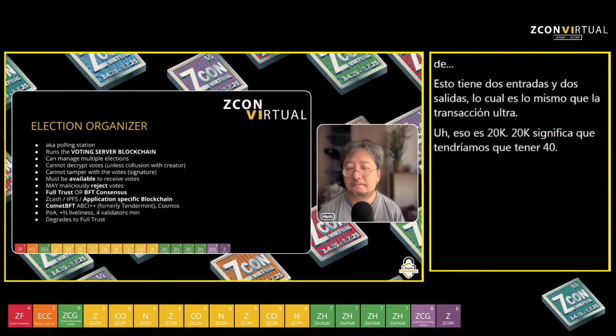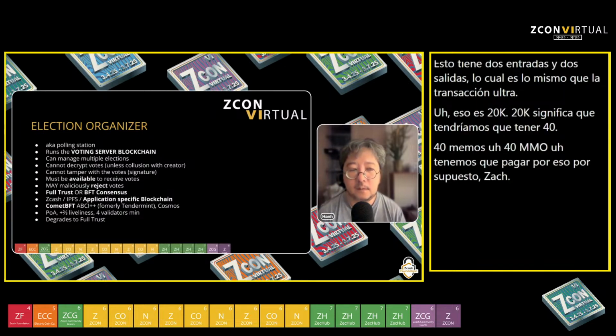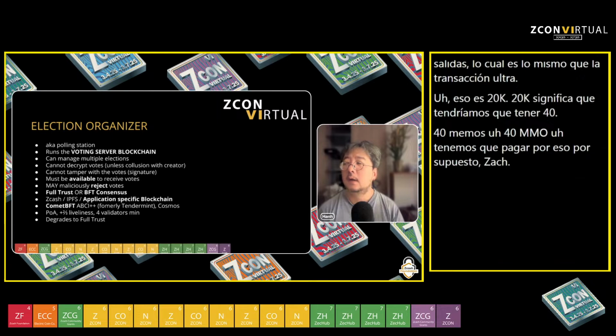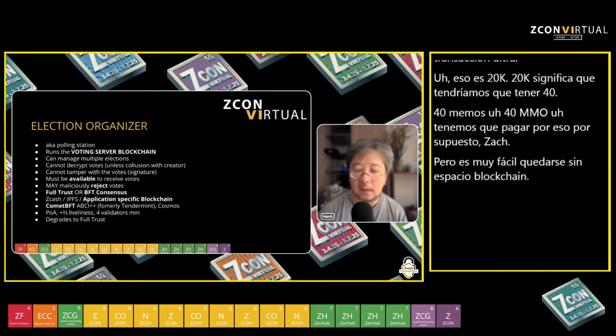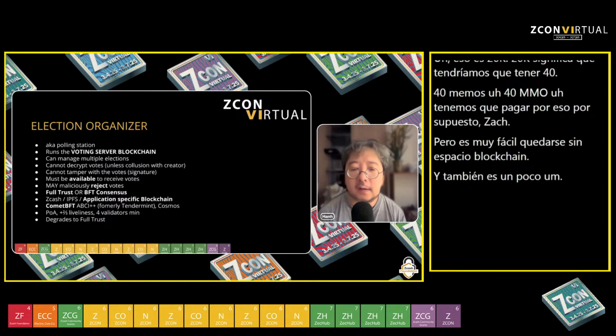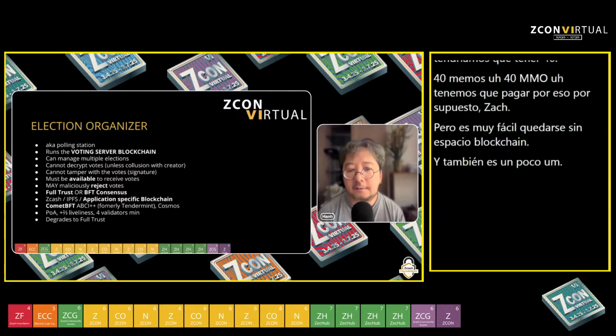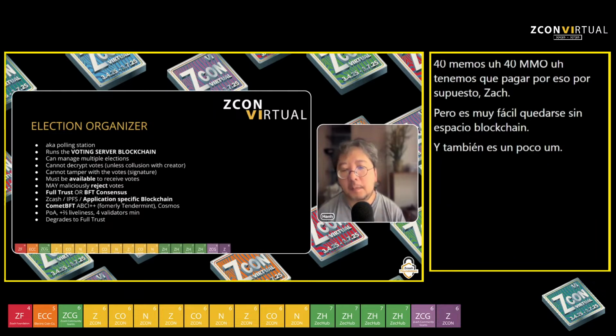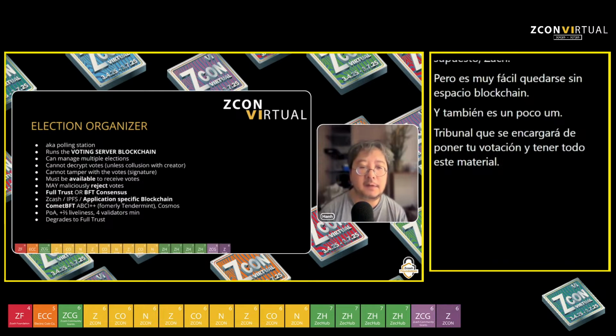Plus, you could run out of blockchain space fairly easily, and also it's not so cool to put all your voting data in the Zcash blockchain forever. In my opinion, this is kind of like spamming the Zcash blockchain.